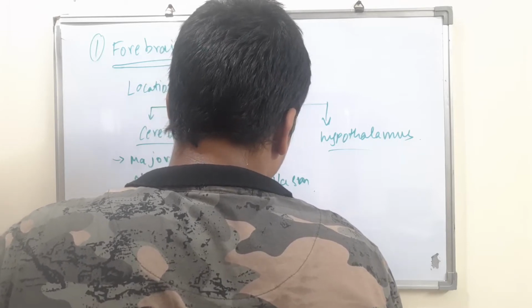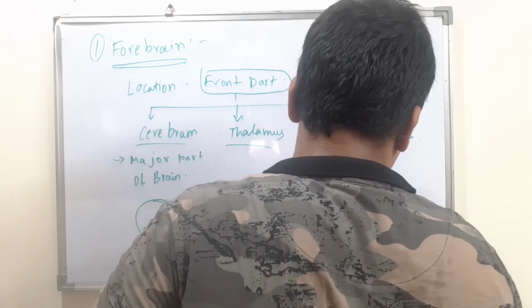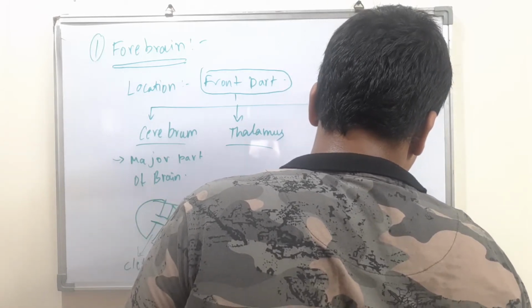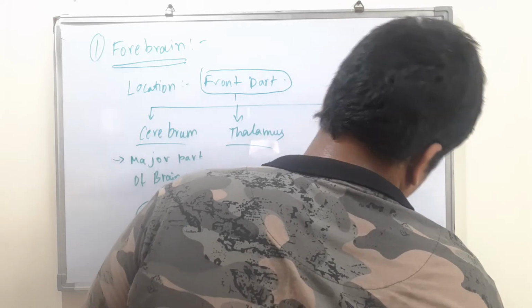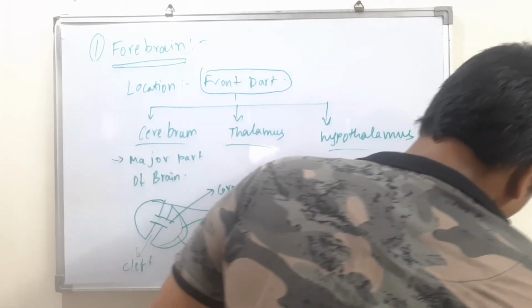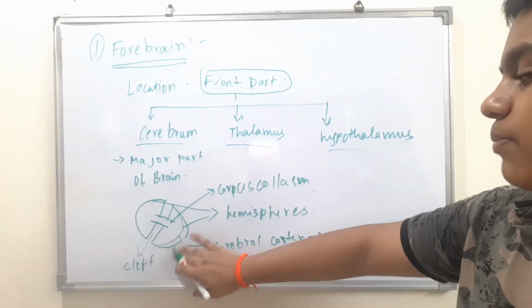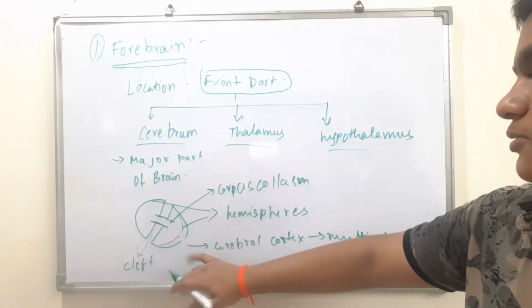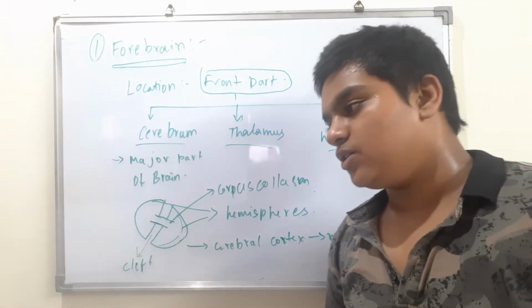Interestingly, these have the presence of multipolar neurons. The cerebral cortex is a group of cells, simply remember that.